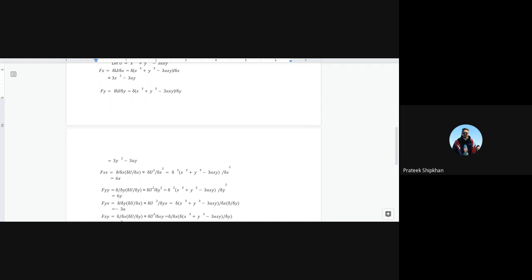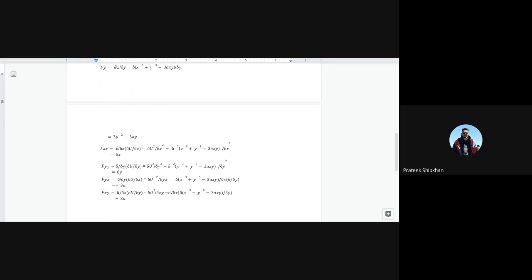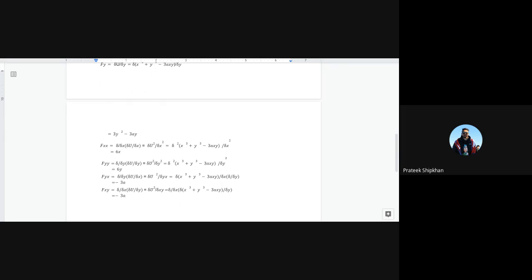We solve delta square u by delta x square. We have already taken the first order derivative. We will write down that here. Now differentiating again partially with respect to x, remember the terms of y are to be taken as constant.